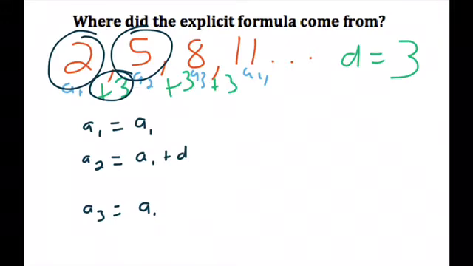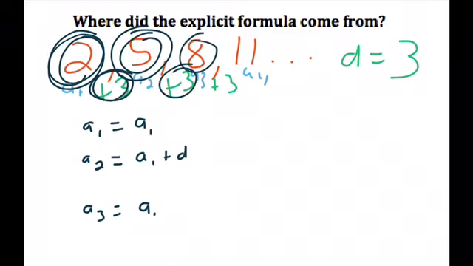Well, I can see that if I'm at A sub 1, which is 2, then I add 3 to get to 5, and then I add 3 again to get to 8. So I have A sub 1 plus 2 D's that I've added now to get to A sub 3. Okay, A sub 4, which is A sub 1 plus, well, to get from A sub 1 to A sub 4, I have to add 3 D's.